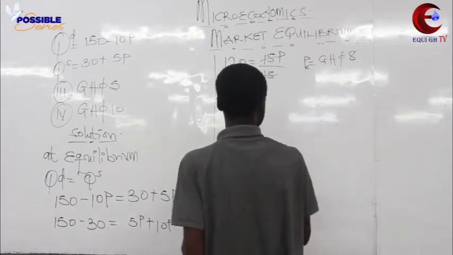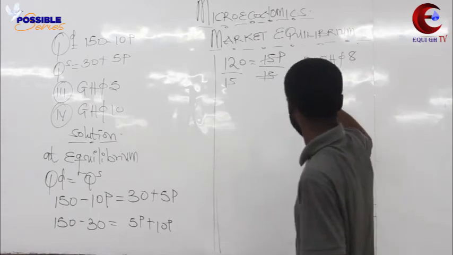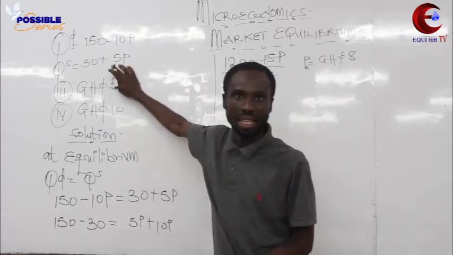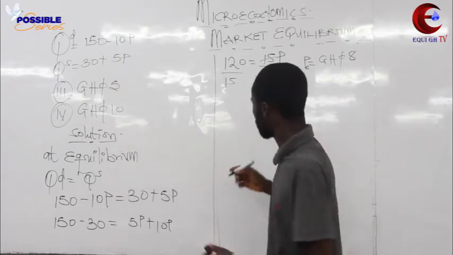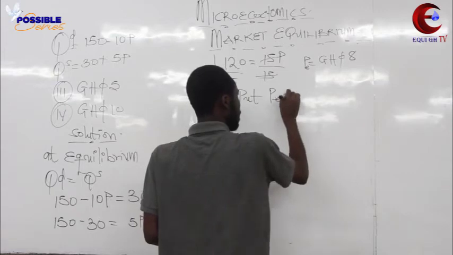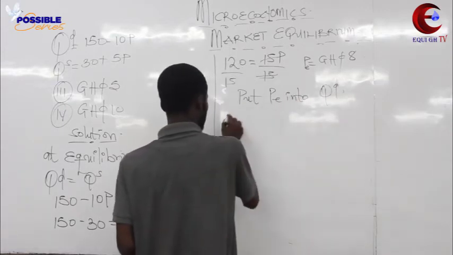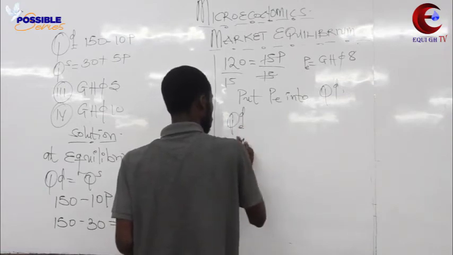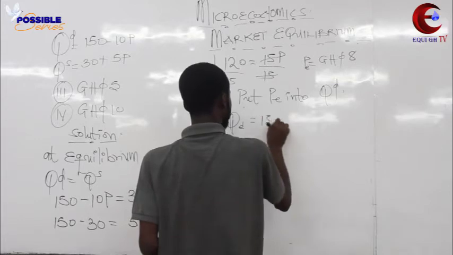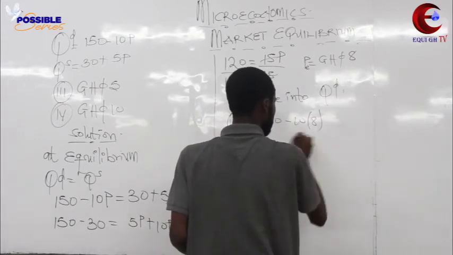And then for equilibrium quantity, put the equilibrium price into either the demand function or the supply function, any one of them, to get equilibrium quantity. So put equilibrium price into quantity demand. We are going to get 150 minus 10 times p, and the p is 8.